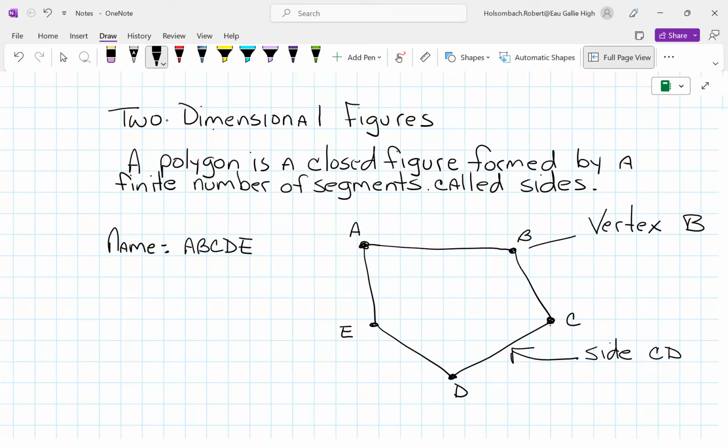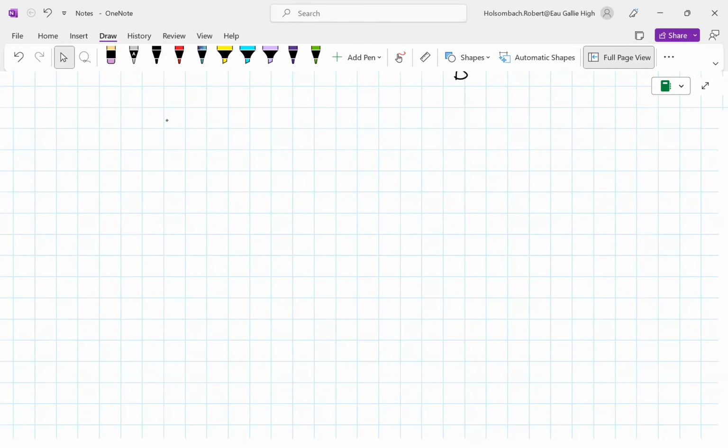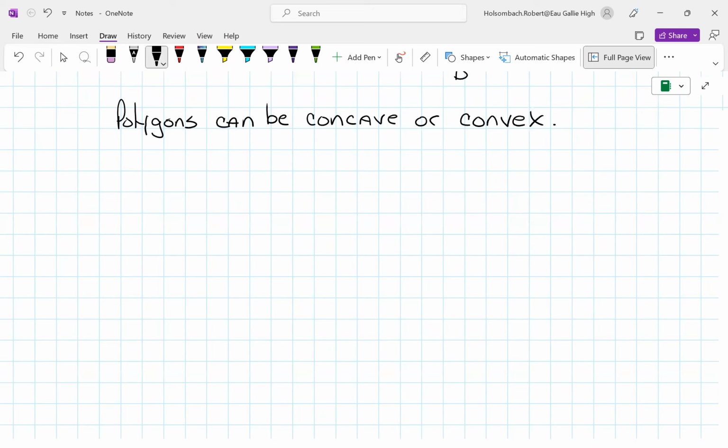Now, polygons can be concave or convex. All right, so concave. This would be an example of a concave polygon.